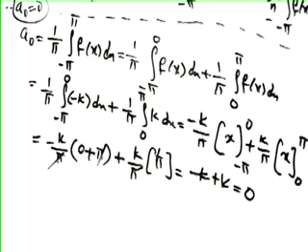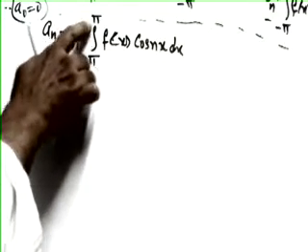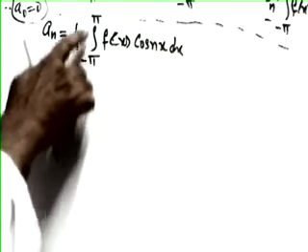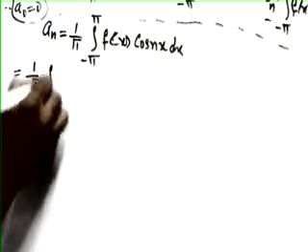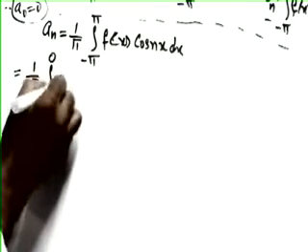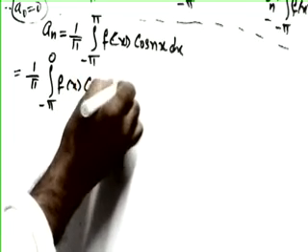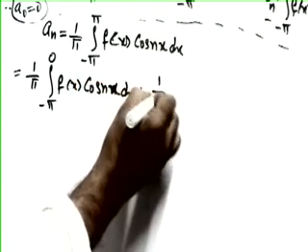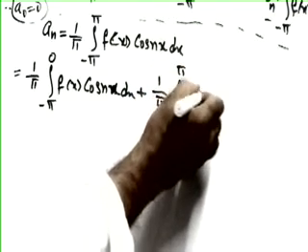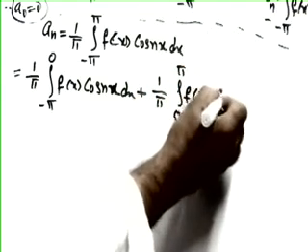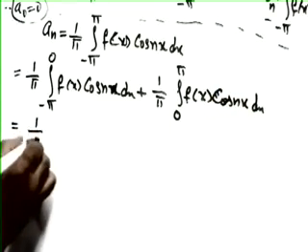Now let me find an and bn. The formula for an is 1 by pi integration minus pi to pi f of x cos nx dx. Again, let me change to minus pi to 0 and 0 to pi, because we are having different values for f of x. So 1 by pi integration minus pi to 0 f of x cos nx dx plus 1 by pi integration 0 to pi f of x cos nx dx.